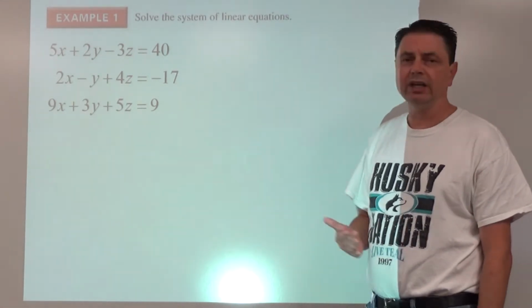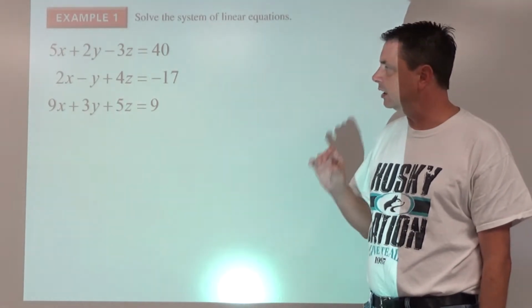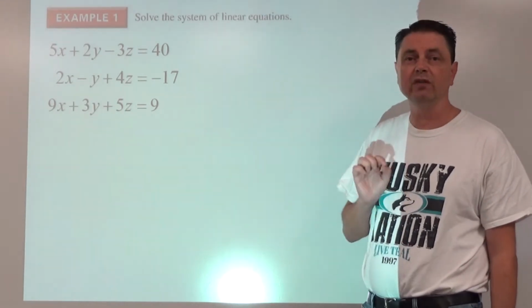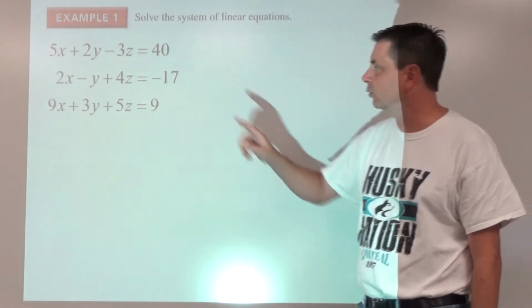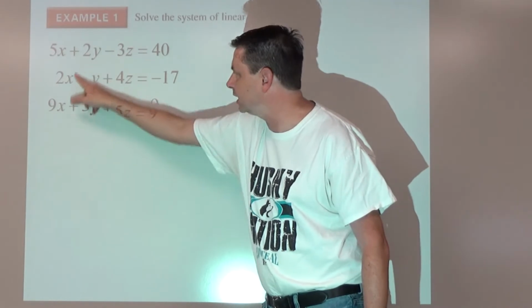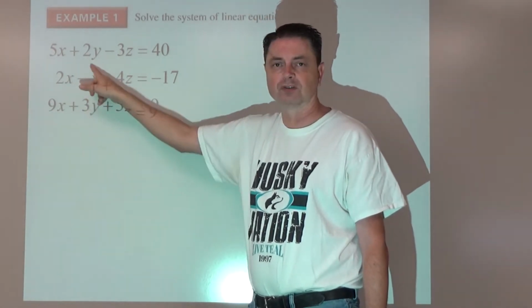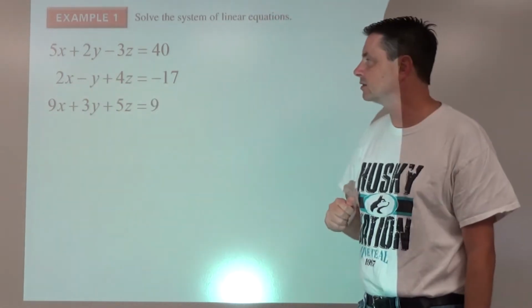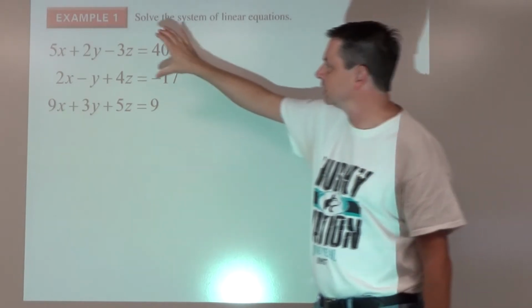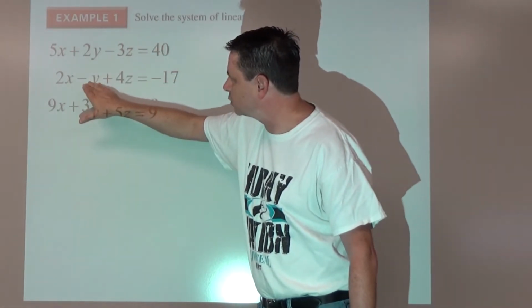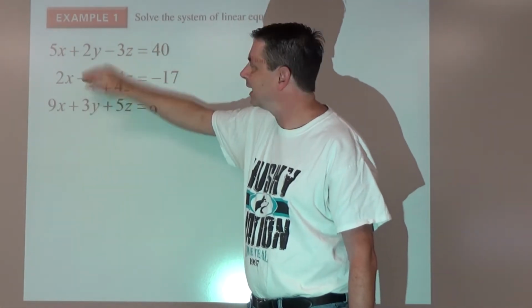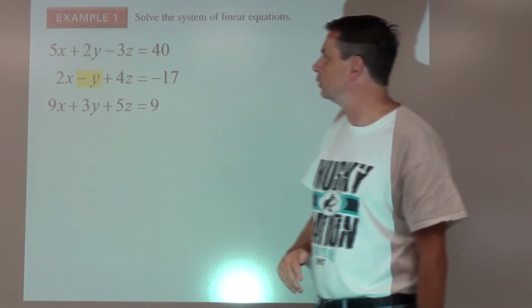When I'm looking at elimination, I'm usually focused on coefficients of 1 and negative 1. So I'm looking at this one right here and saying that could be useful to eliminate the y's. If I'm looking at the top two, I'm thinking if I multiply this one by 2, I can then add it to the top one.